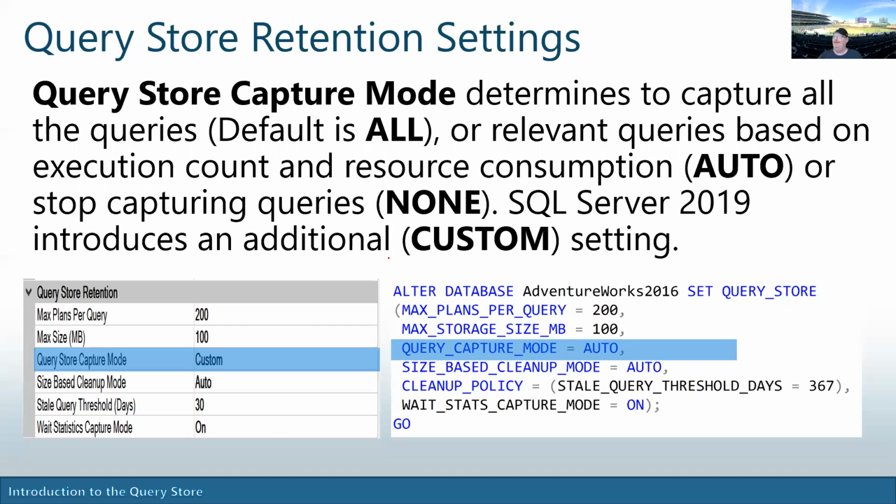Oh, Bob. All right, so for this one, this is probably the greatest improvement in Query Store in 2019, is that you now have a custom setting. Change it to custom.